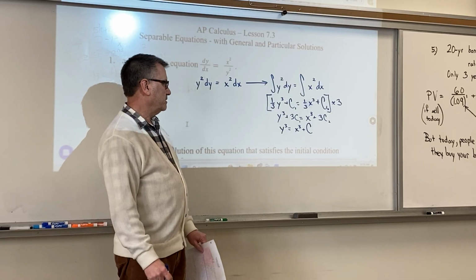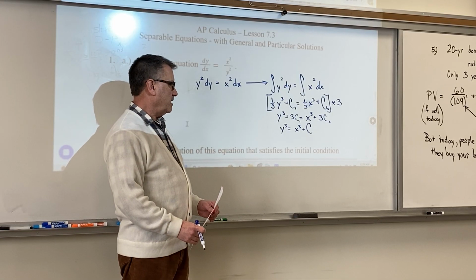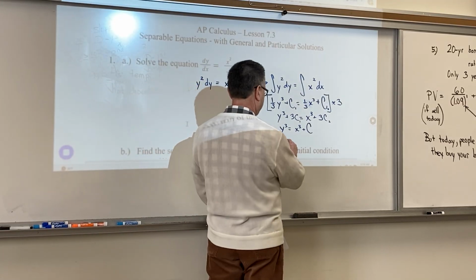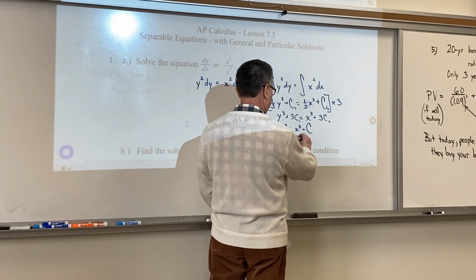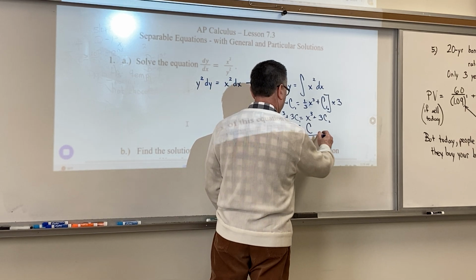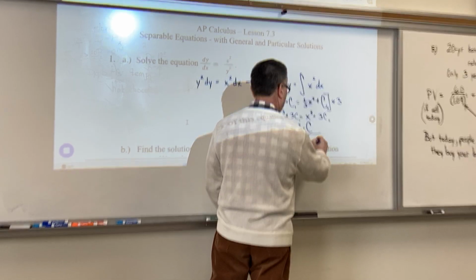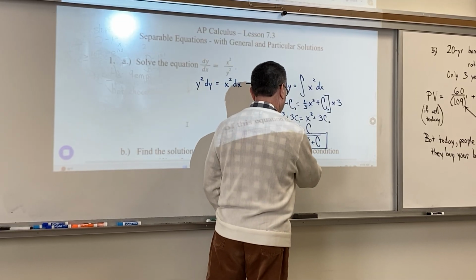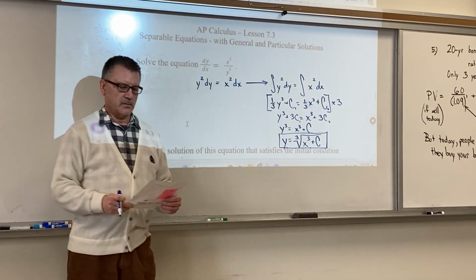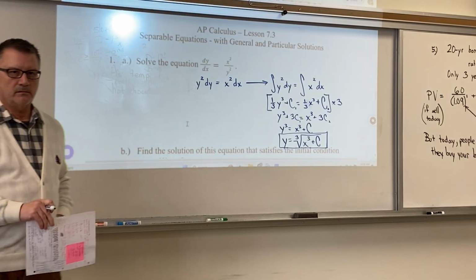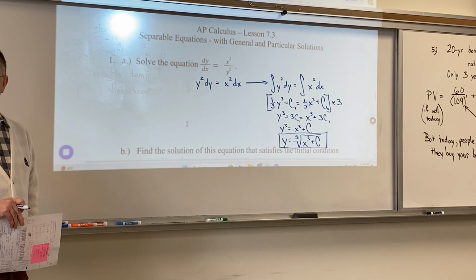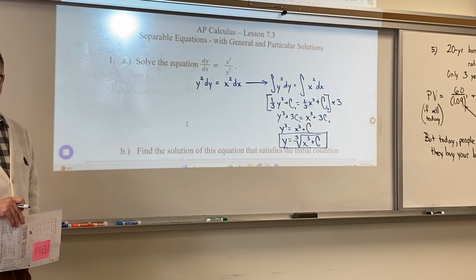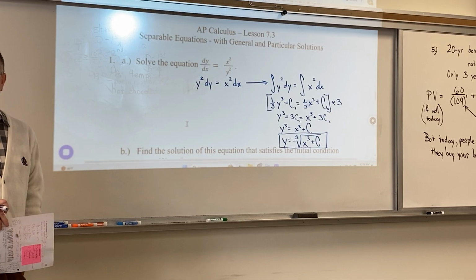Some constant. And can I take the cube root of both sides? Got a solution. Not only can I do a slope field, sometimes I can give you a solution.